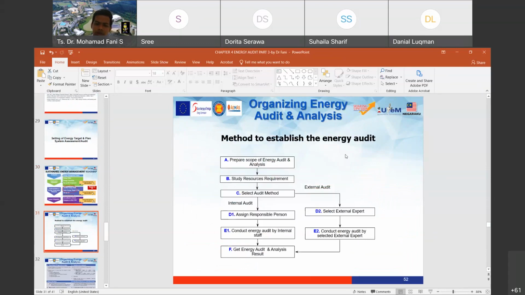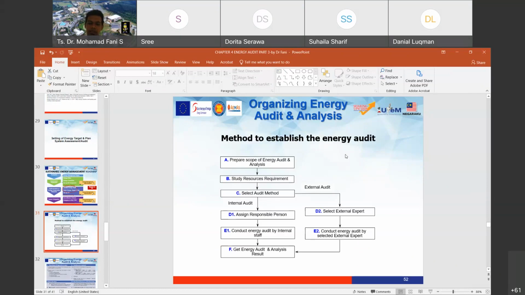Prepare the scope for the energy audit. If you are the owner of the building, or the engineer that works under the facility management or for the factory, and your boss asks you to plan for the energy audit, what you need to do is prepare the scope of the energy audit and analysis.